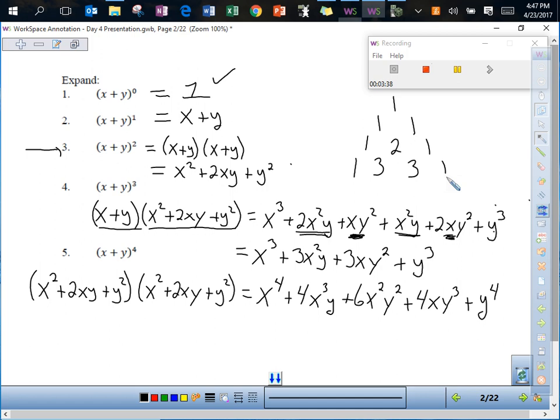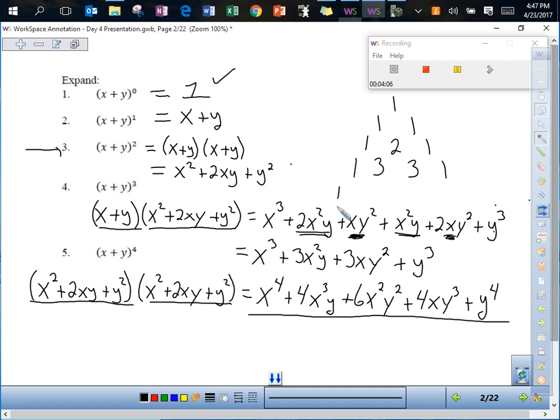And then I really saved time here. I took x squared plus 2xy plus y squared, which is x plus y squared, and I multiplied it by itself. As I did that, guys, I wound up having 9 terms before I simplified. This is what the simplified answer looked like. But what I really want you to notice there is look at the coefficients again.